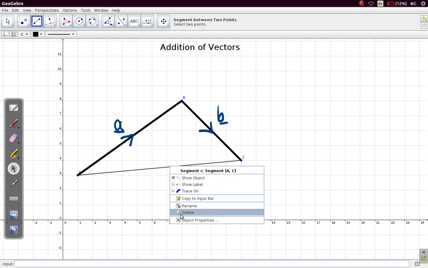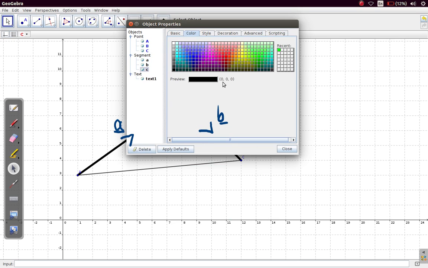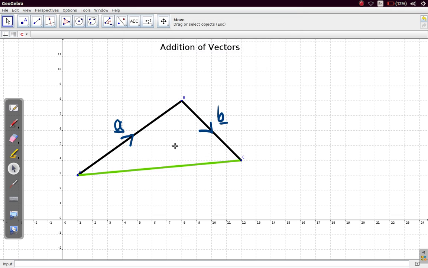Let me set up the third vector, which is what we call the resultant. Let me make it this color and make it thick. Okay, nice. Now, what we have is a triangle where we have A, one vector, B, the other vector, and the resultant.